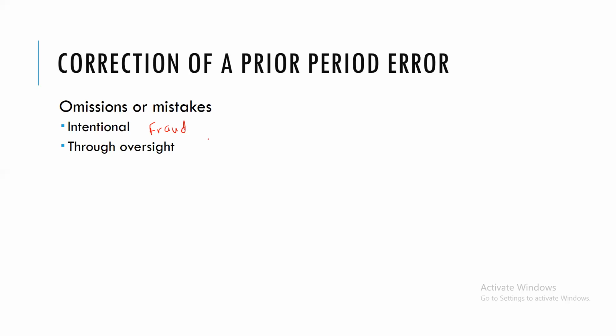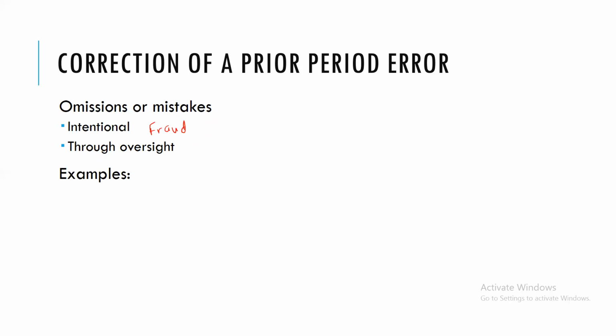The management of the company could be intentionally increasing the revenue of the company in order to show more revenue than there actually is. So that would be an error, but it's due to fraud. Or it could be due to oversight. So someone wasn't checking properly, somebody just made a critical error, somebody just missed a number or something like that.